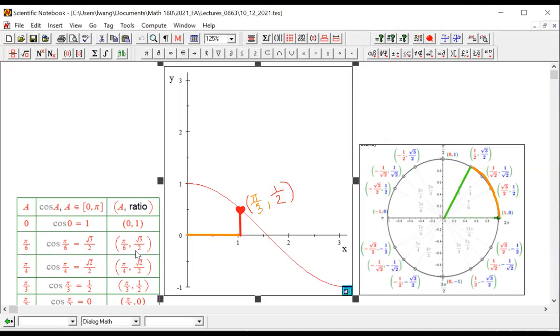And yesterday we did all of these points. All right, so now I want you guys to put these points on the curve. The orange color is the arc length and half is the red number.